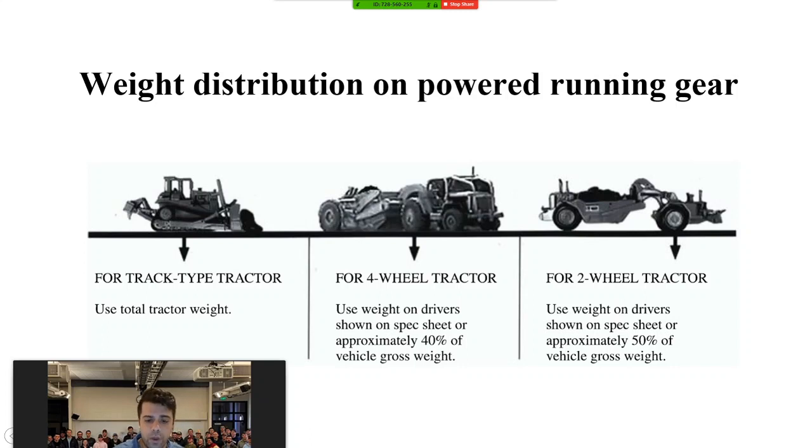For four-wheel, it is 40% of the vehicle's gross weight, and for two-wheel, it is 50% of the vehicle's gross weight. So you should not always just put the gross weight of the vehicle in the equation.